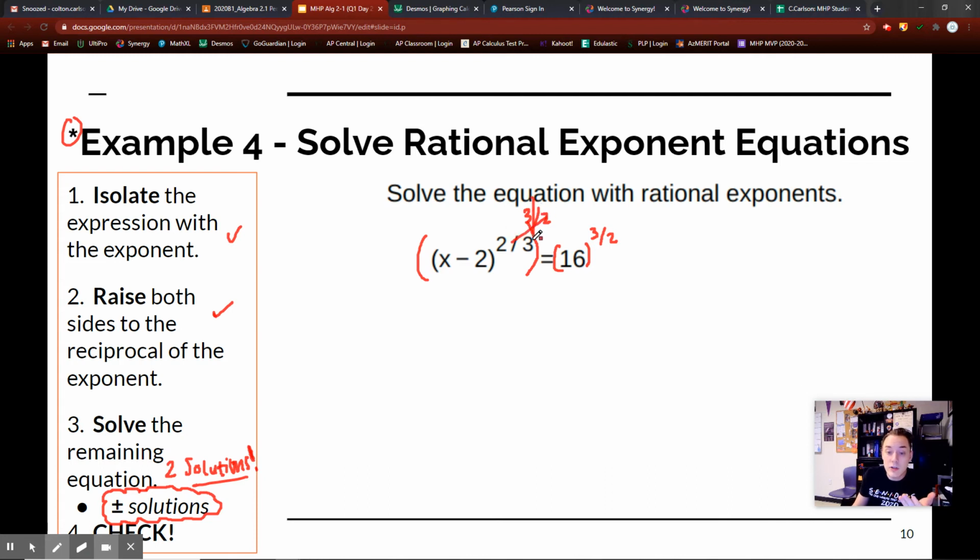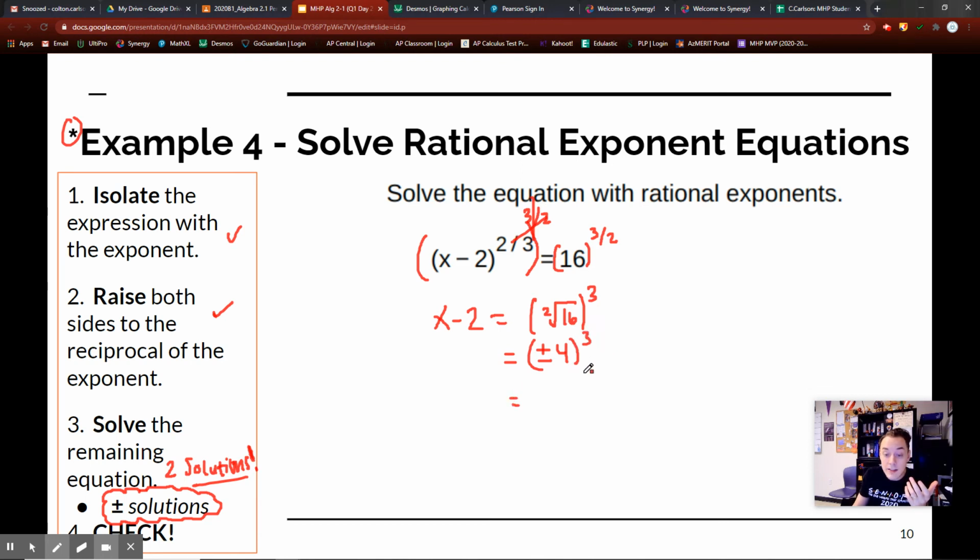So yes, the 2's go poofy, and the 3's go poofy. I'm left with x minus 2. But right here, what I have is the square root of 16 cubed. When I take the square root of 16, especially when I introduce it here, that means I have plus or minus 4 cubed.